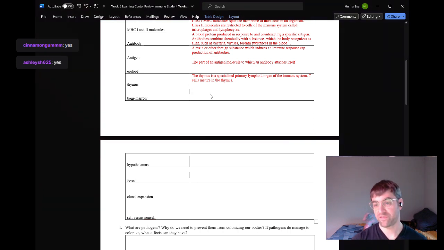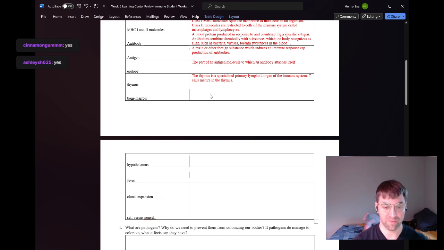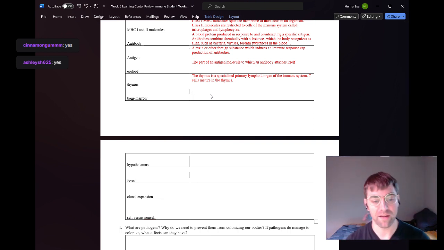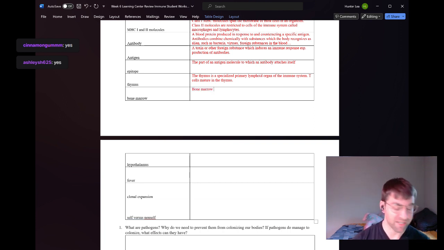Bone marrow, we've kind of talked about before, is an important feature in the immune system because it's where all immune cells are made, right? It's also the site of B cell maturation. Bone marrow is a spongy tissue inside some of your bones. This includes your hip and your thigh bone in particular.